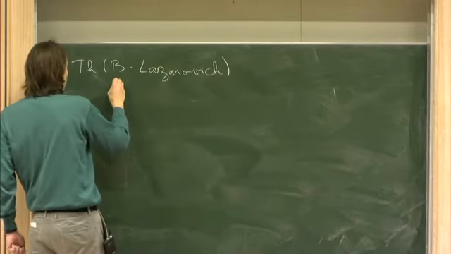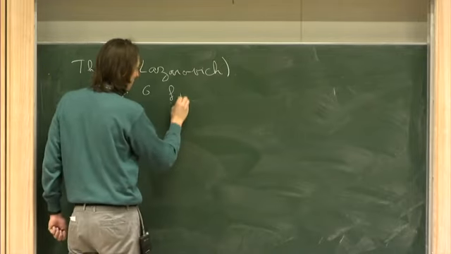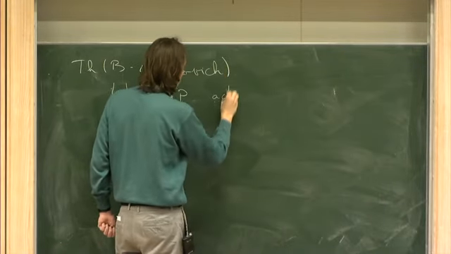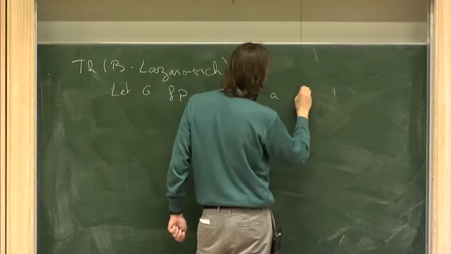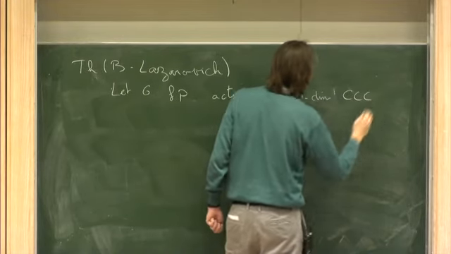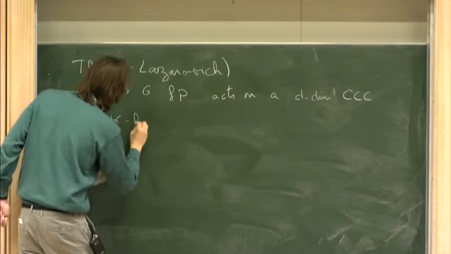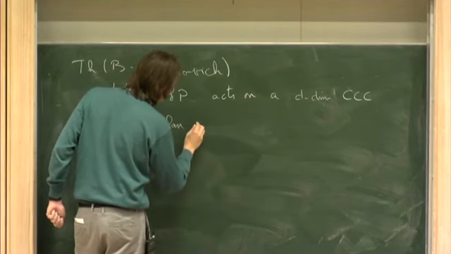So we take G that is finitely presented, and let's act on a d-dimensional CAT(0) cube complex, K-hyperplane acylindrical.